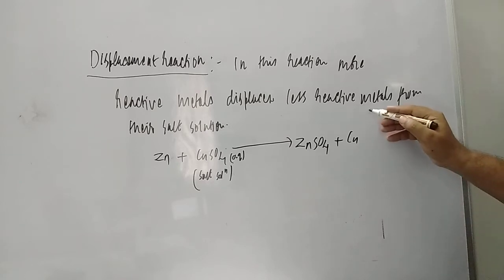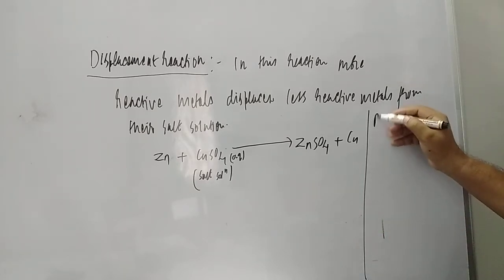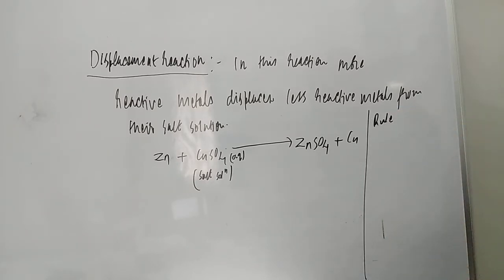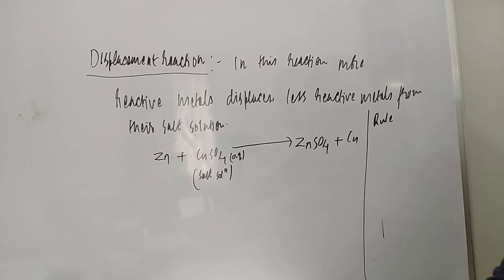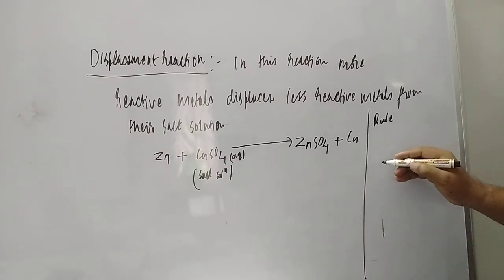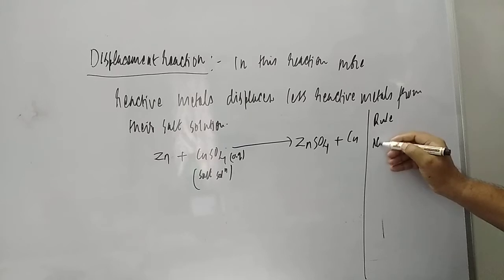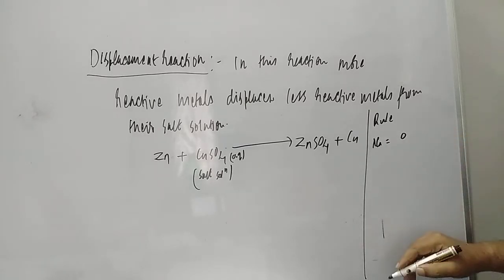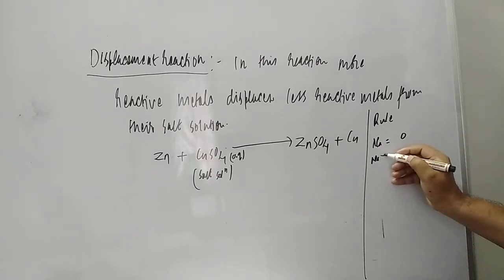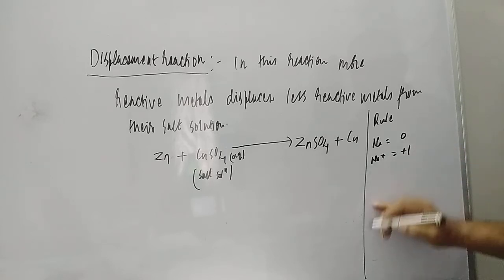Now let us understand the rule. I told you, if there is a metal and there is no charge on the metal, what would be the oxidation state? For example, if Na is there, the oxidation number is 0, but if Na+ is there, the oxidation number will be +1.